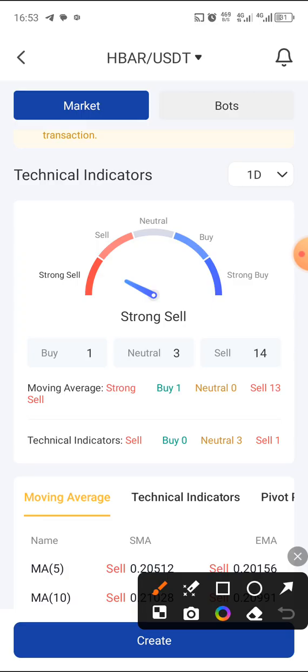But since our goal is to maximize our profits and maximize our capital, we have to focus on the coins that do well in the market, that are highly volatile. Like they rise within a shorter period of time, and of course they give discounts within a shorter time.